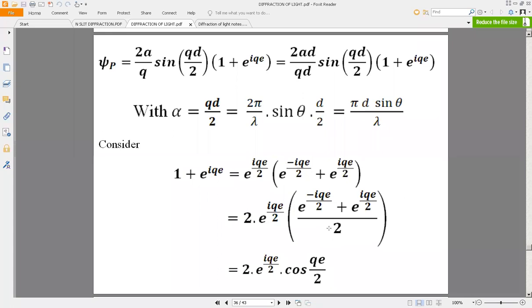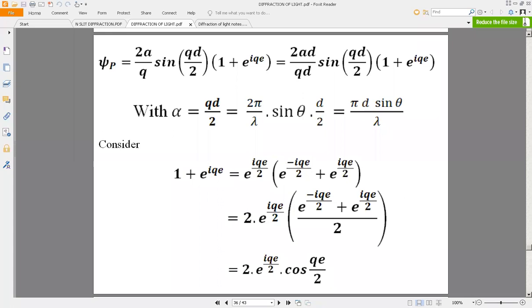Why this? Because recall, when you take Euler's number, e power i theta is cos theta plus i sin theta, and e power minus i theta is cos theta minus i sin theta. When you add both the expressions, I asked you to do the exercise.